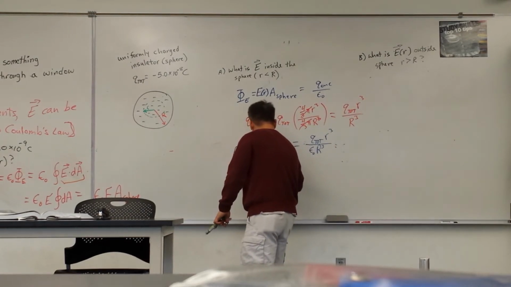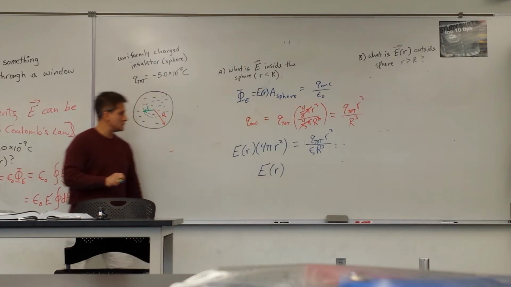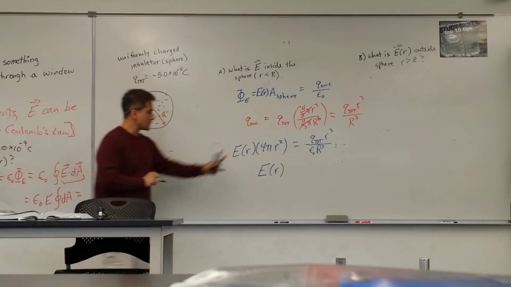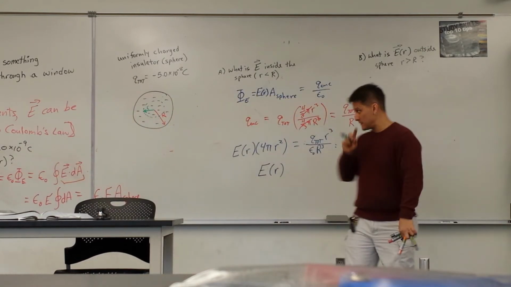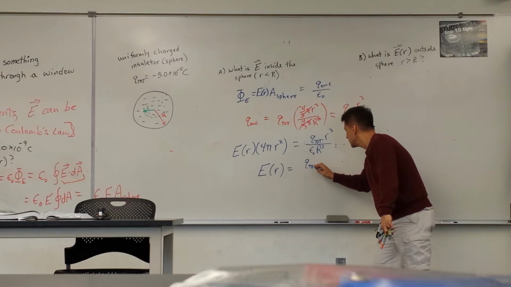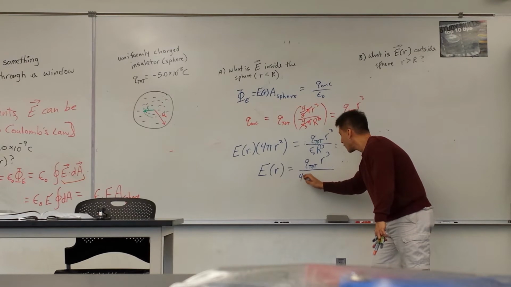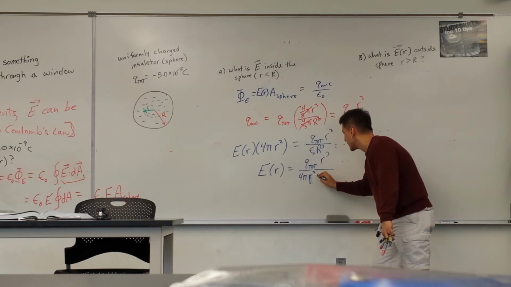If I divide both sides by 4 pi r squared, I'm left with Q total r cubed over 4 pi epsilon naught big R cubed r squared. I'm just going to put everything in here before simplifying it.